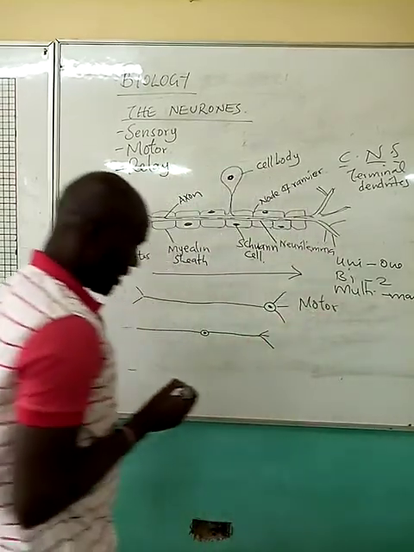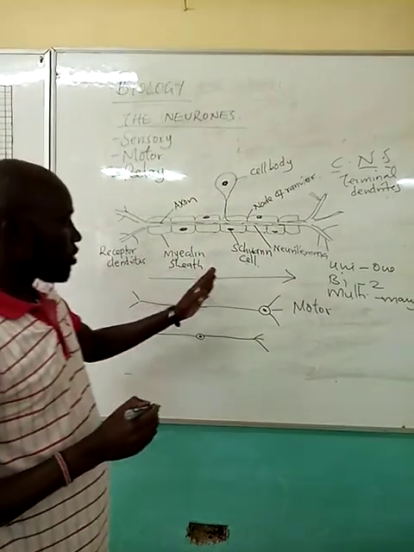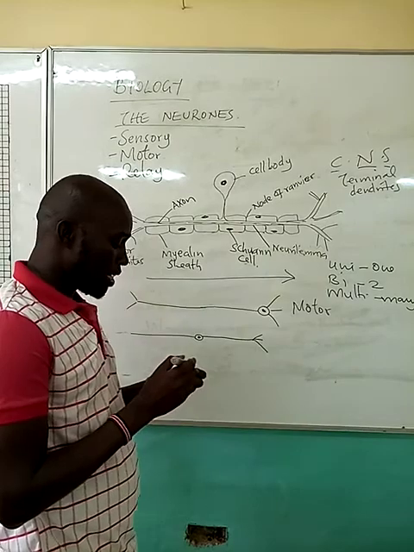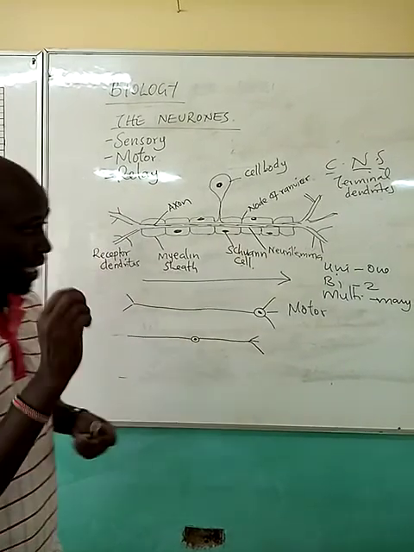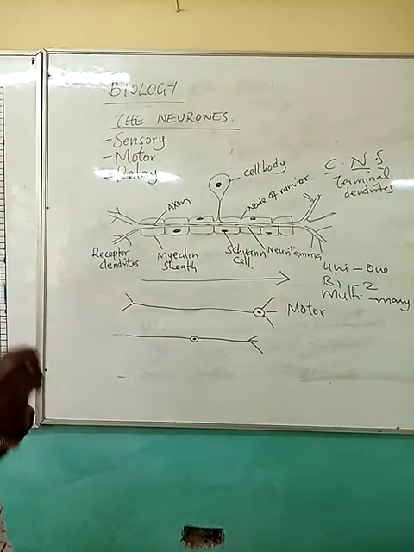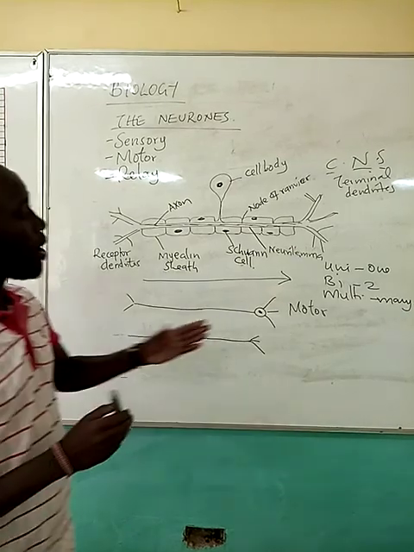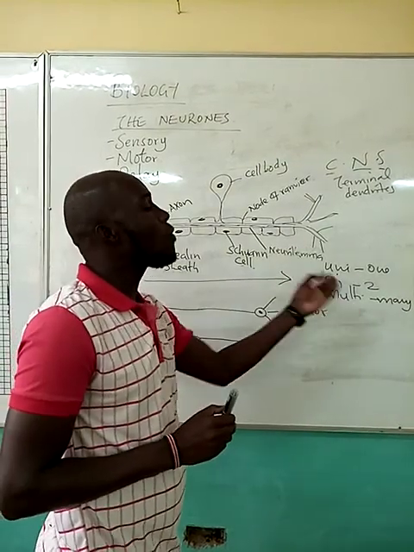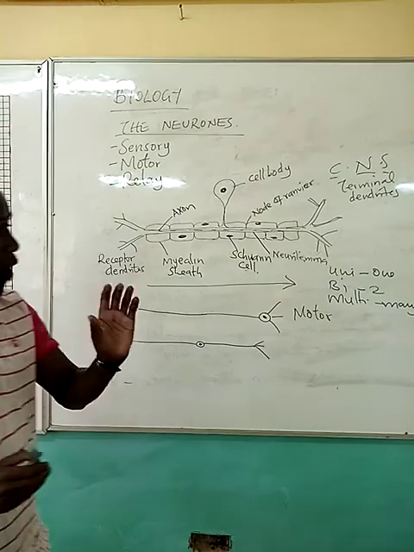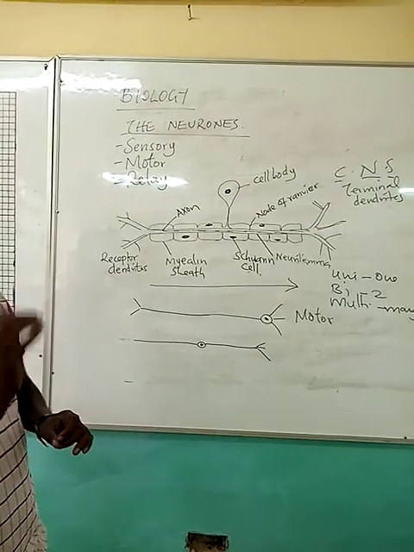What do I mean by this? Neurons are described as unipolar, bipolar, or multipolar depending on how many dendrites originate from the cell body.